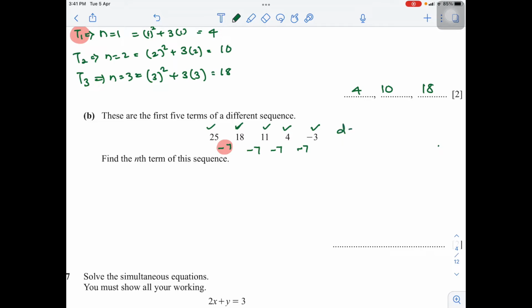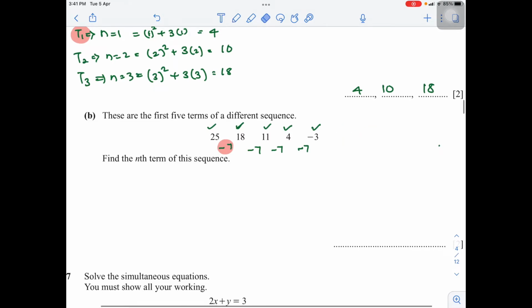So the constant difference, which is D, is negative 7. If you have noticed, this is the first difference.